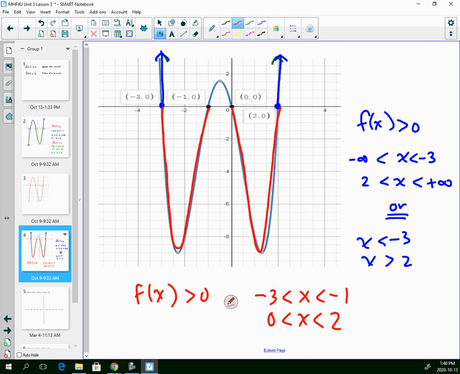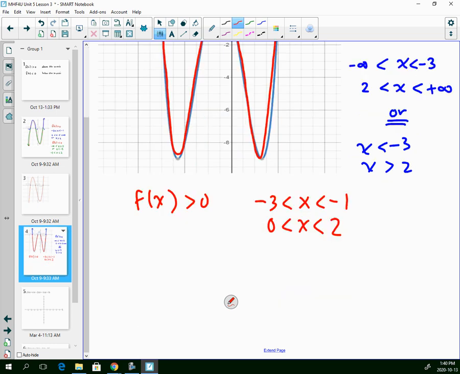Now you may see some of these written, especially in the solutions, in sort of a short way. So we could write this interval using brackets. So we might say between -3 and -1. That's a short way to write an interval.